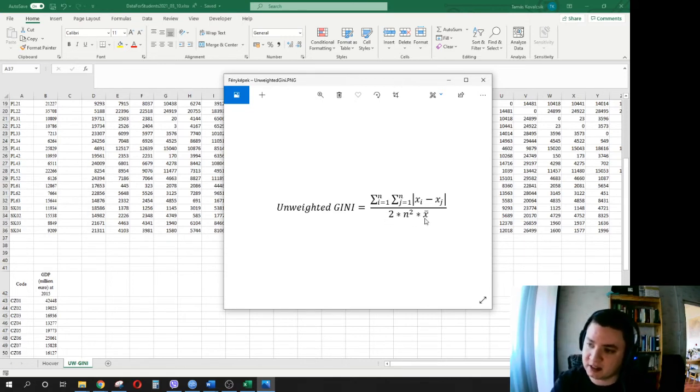We have to divide it by 2 times the number of cases, which is very important, because we will use a number in the Excel formula, so in every case you have to count the number of cases before typing it in Excel, and divide by the average as well.